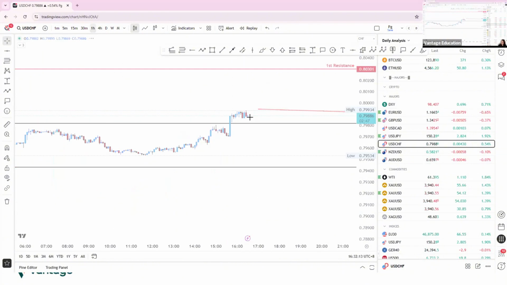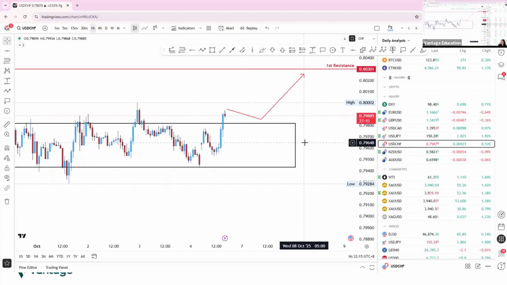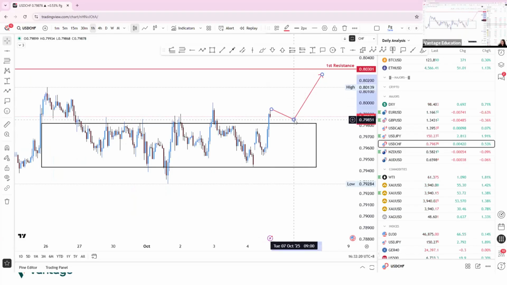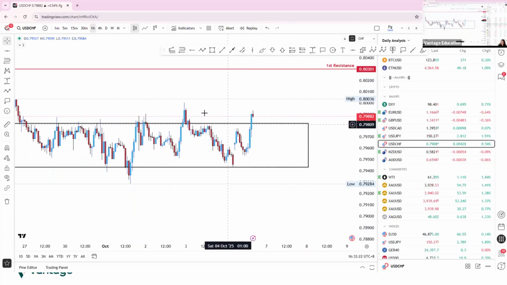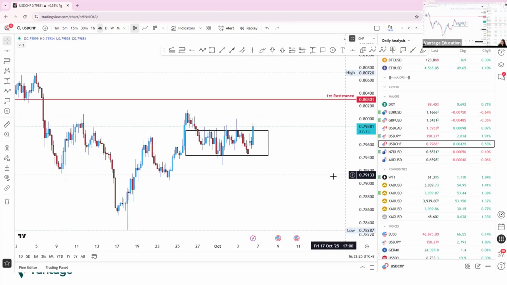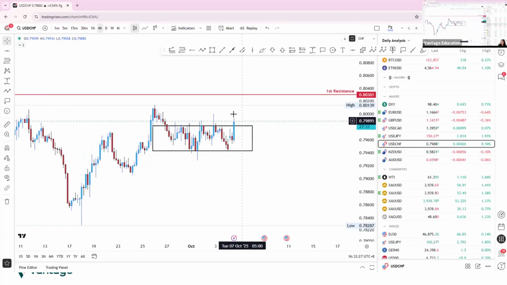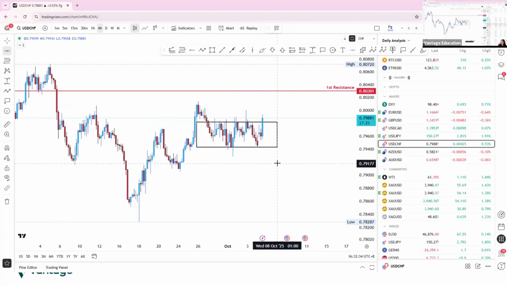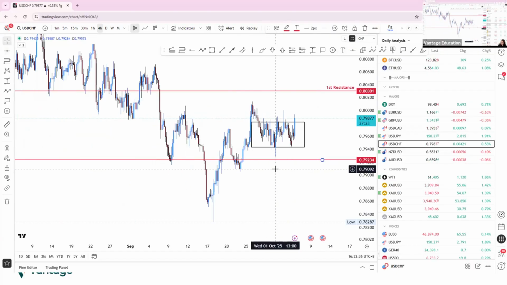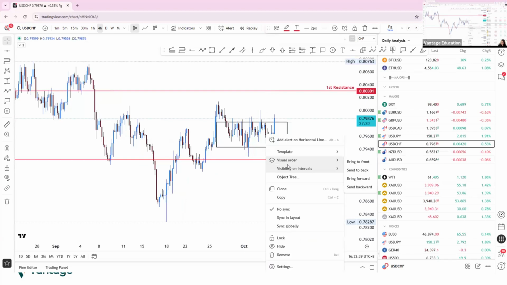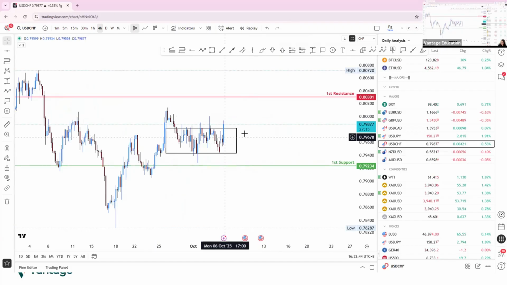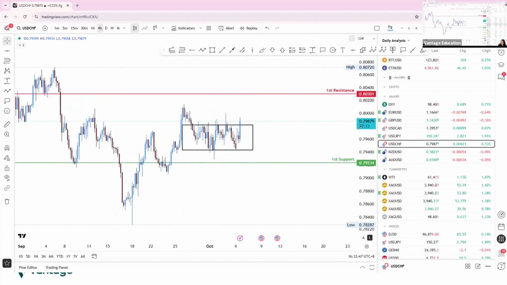Yeah, wait for the pullback. Let the body close above, you pull back, you buy. All right. Let them decide first.